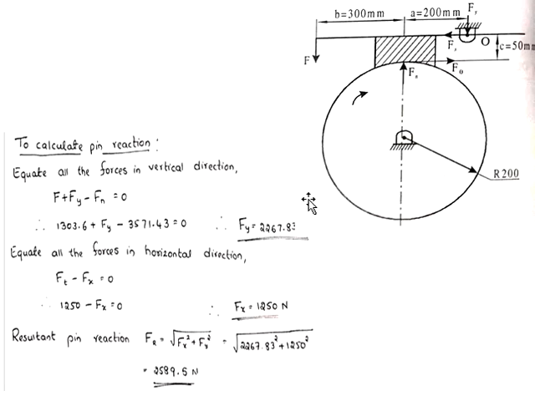You will get Fy value. Similarly, equate all the forces in horizontal direction. Forces acting in horizontal directions are Ft and Fx. So Ft is equal to Fx. You will get Fx value. To get resultant pin reaction, Fr is equal to square root of Fx square plus Fy square. You will get resultant pin reaction.